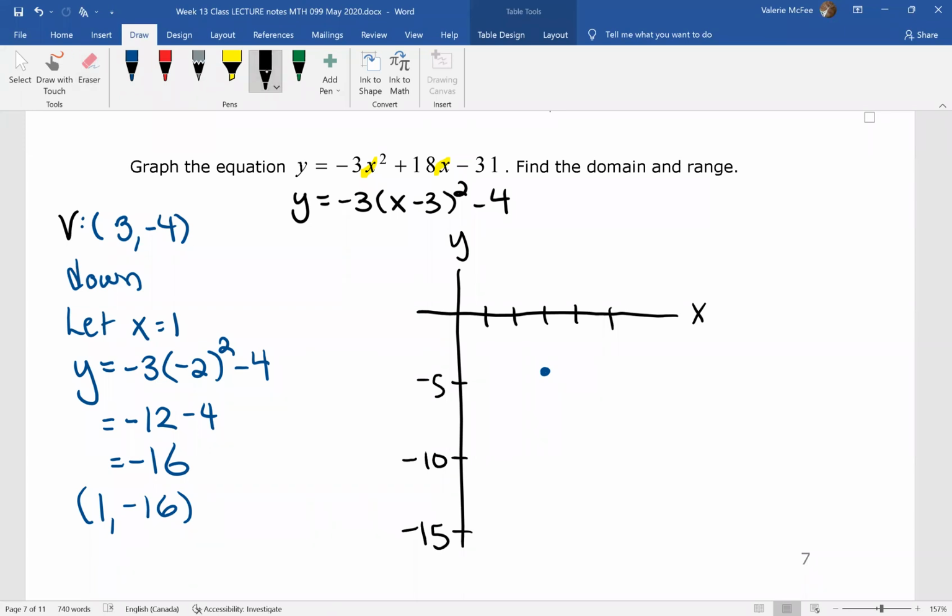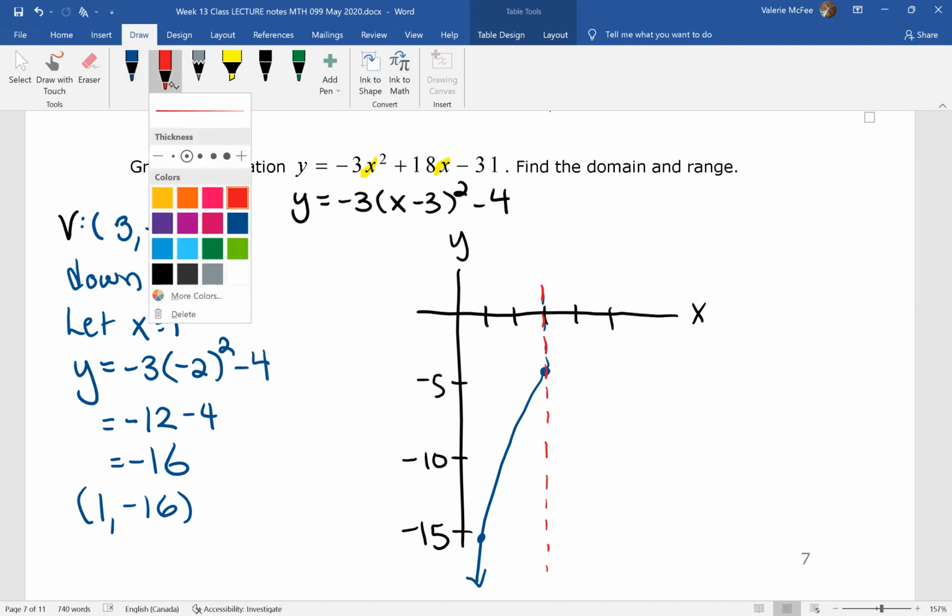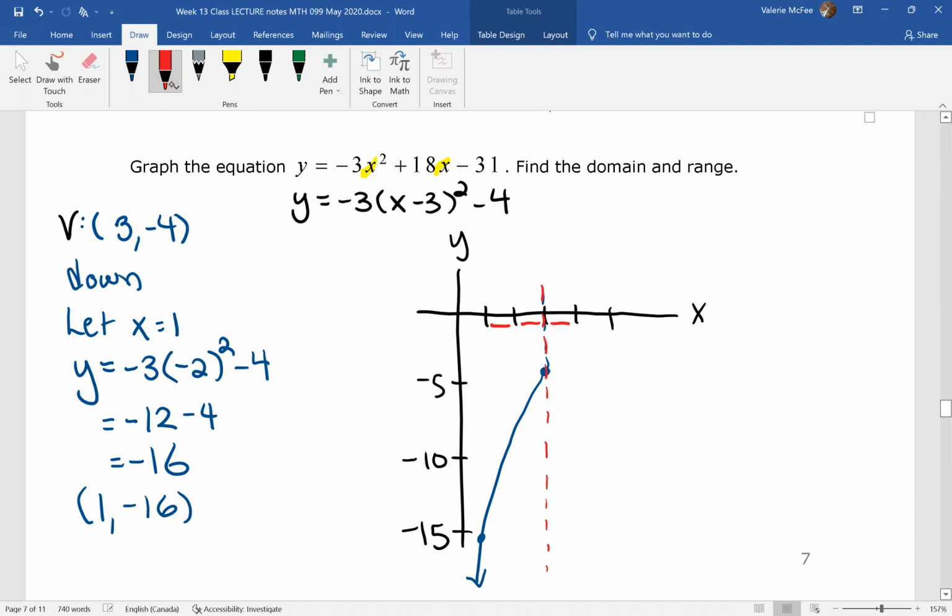There we go. 1, -16, about there. Remember, we're going to find another point on the graph using symmetry. I see that the point I found is 2 units over, so I need to go 2 units in the other direction to find my other point on the graph.